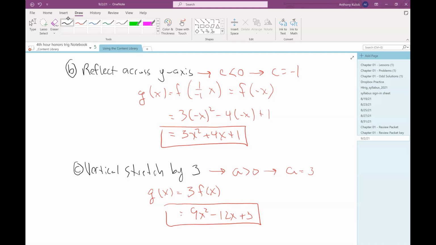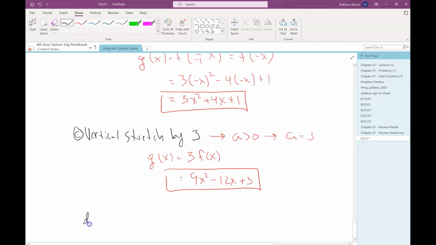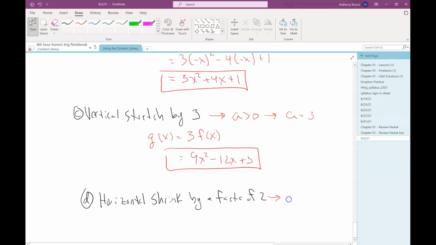We're okay with that? Just 3 times our f of x. What if I want a horizontal shrink by a factor of 2? Again, since we're talking about horizontal stretches and shrinks, we're talking about the c.